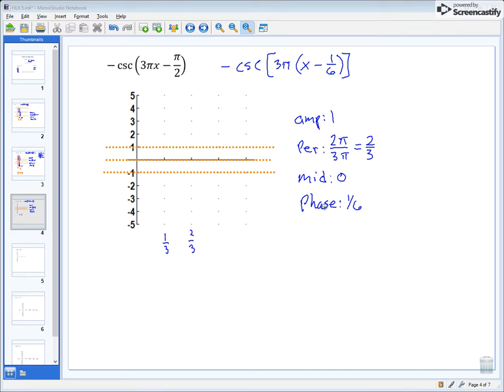So now that I've done that, that means I'm going to move to the right 1/6. 1/6 would be here. And then I have a period of 2/3. So that would be 1/3, 2/3. So it would be right in the middle of this one.